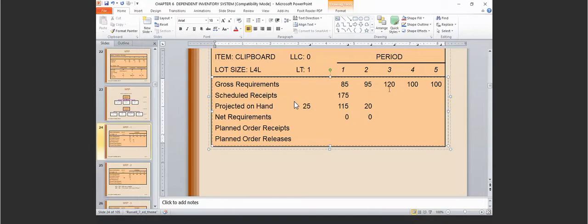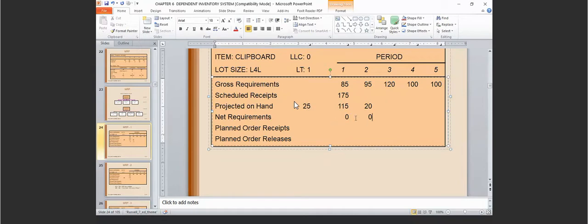And in period 3, we have a gross requirement of 120 units, and the projected on-hand inventory is 20 units. So it shows that the current inventory level is not sufficient to support the gross requirement in period 3 of 120 units.